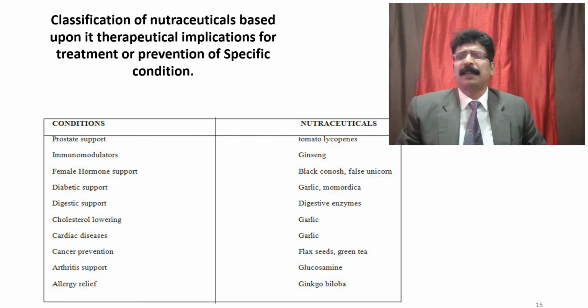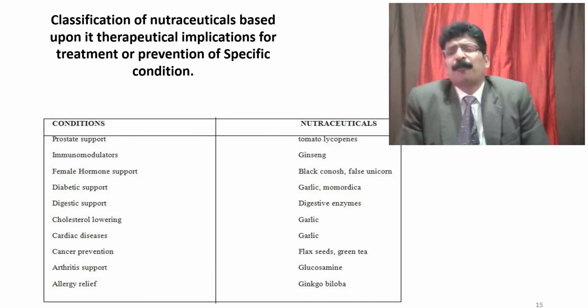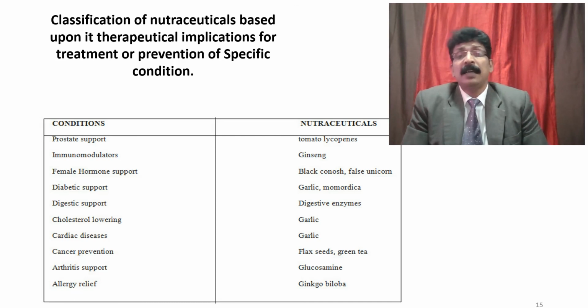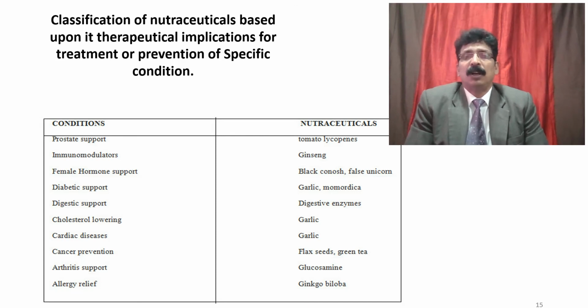Nowadays females have a lot of problems like PCOD, a lot of health issues like disorders in their menstrual cycle, and these disorders we commonly see in females because of junk food and various food styles. So this can be treated by means of these nutraceuticals. Female hormonal support can be given by black Cohosh, C-O-H-O-S-H, false unicorn.